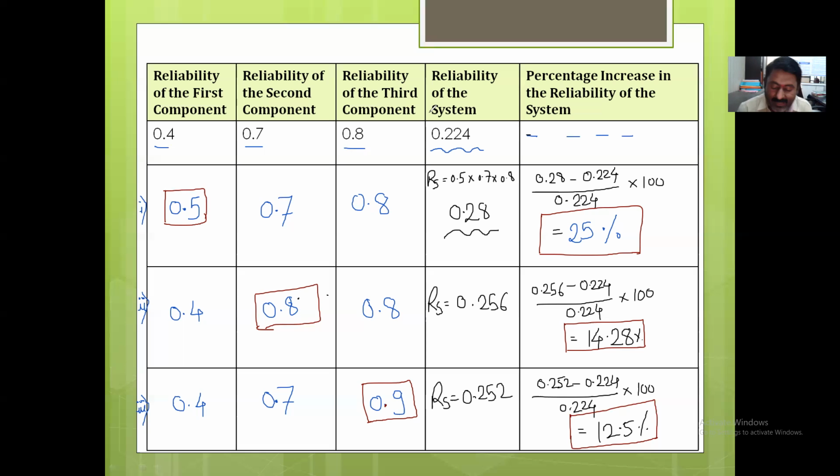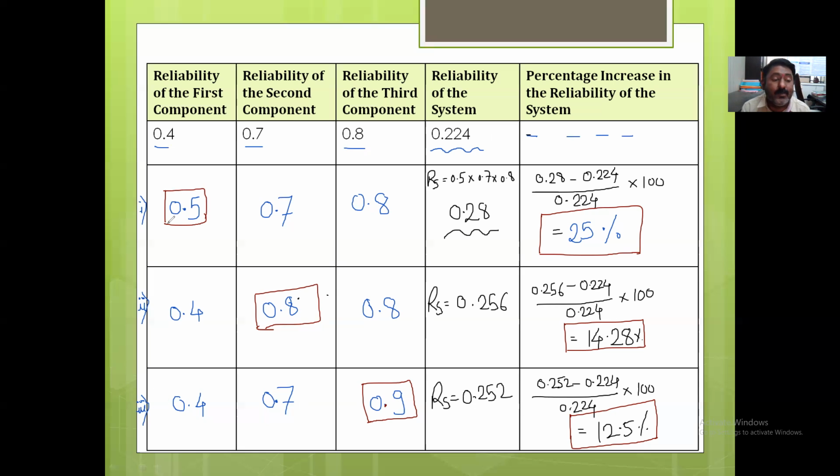So based on this, what inference can we draw? The reliability of the weakest component is increased by 0.1. See, here the reliability is 0.4, and here the reliabilities are 0.7 and 0.8. If we take 0.7 to 0.8, it is increased by 14% only. If 0.8 to 0.9, it is 12.5% only. But where is the weakest component, the lowest reliability?